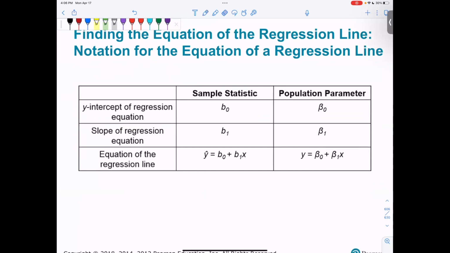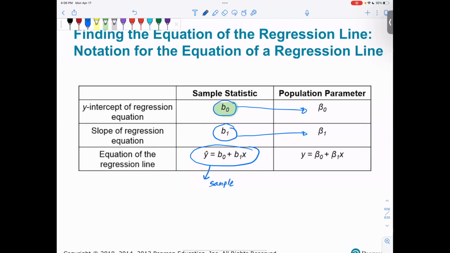We use b0 to estimate beta 0 and b1 to estimate beta 1, and this is the sample regression function or equation, and this one is the population regression function.